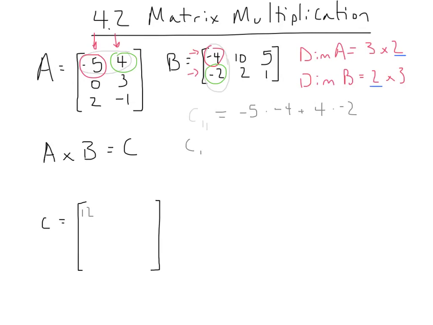And for C12, we'll again take the first row in matrix A, and this time multiply by the second column in matrix B. So we will get negative 5 times 10 plus 4 times 2. That's negative 50 plus 8, which is negative 42.